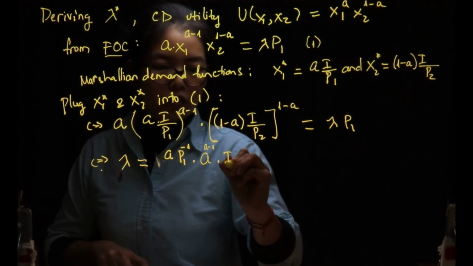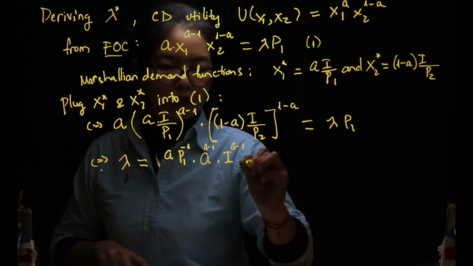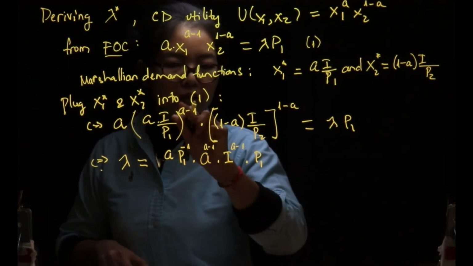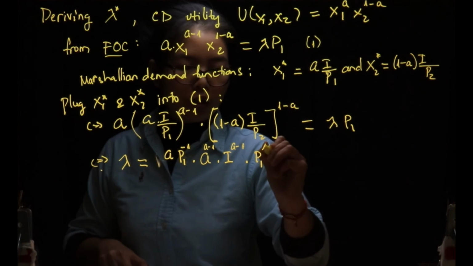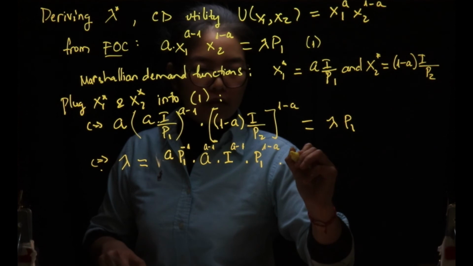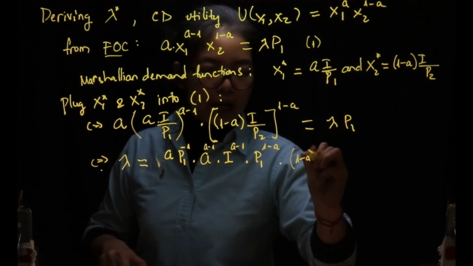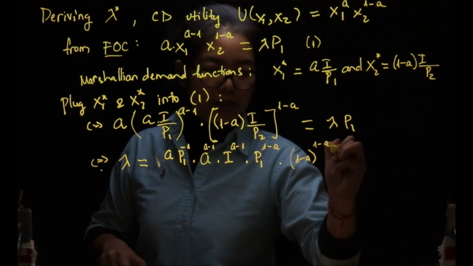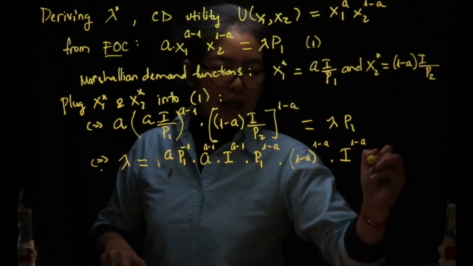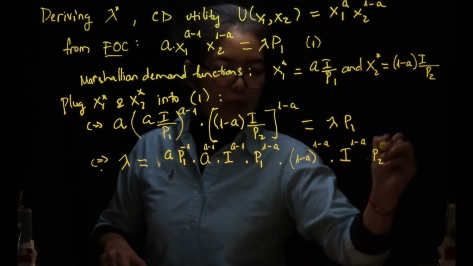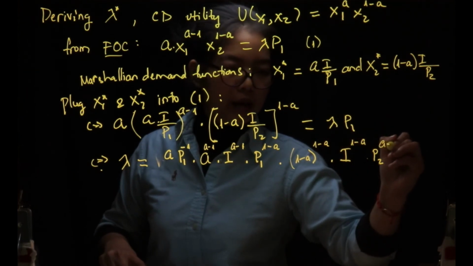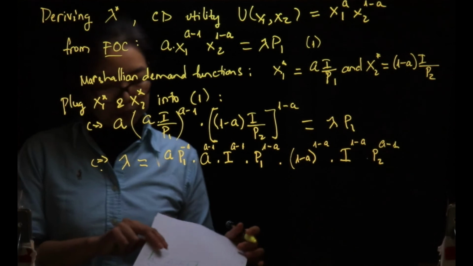I have I to the power of a minus 1. I have P1 again to the power of minus of a minus 1, which is 1 minus a, right? And then I have 1 minus a to the power of 1 minus a. I have I to the power of 1 minus a. And I have P2 to the power of minus of 1 minus a, which is a minus 1.